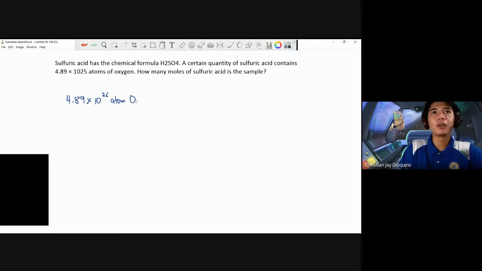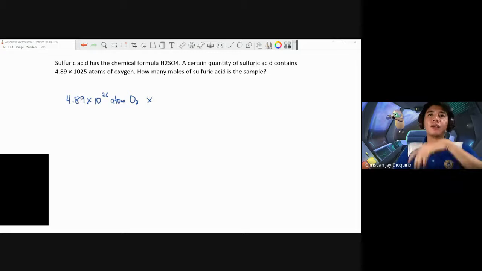Ilagay natin oxygen gas. Then, ano susunod po natin gagawin? Di ba ang hinahanap dyan is moles of sulfuric acid. Any idea? O paano kaya yan? Ang given lang is atoms lang. Nasaan yung H natin and nasaan yung S?